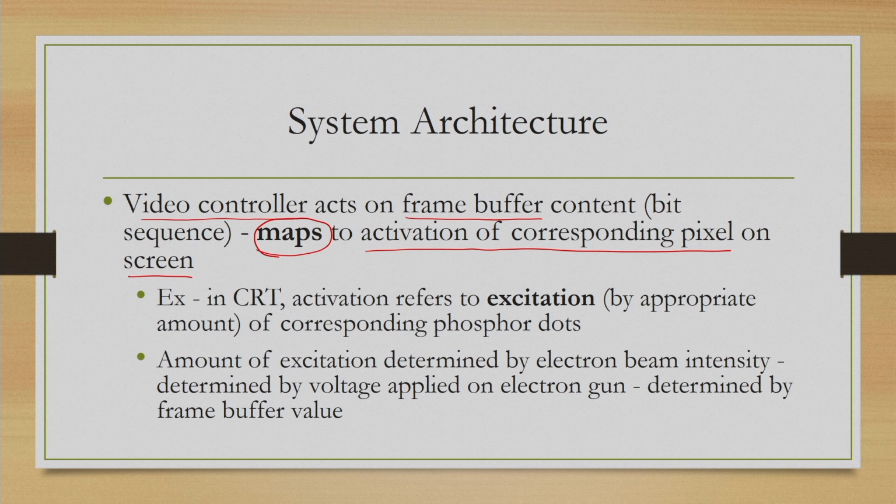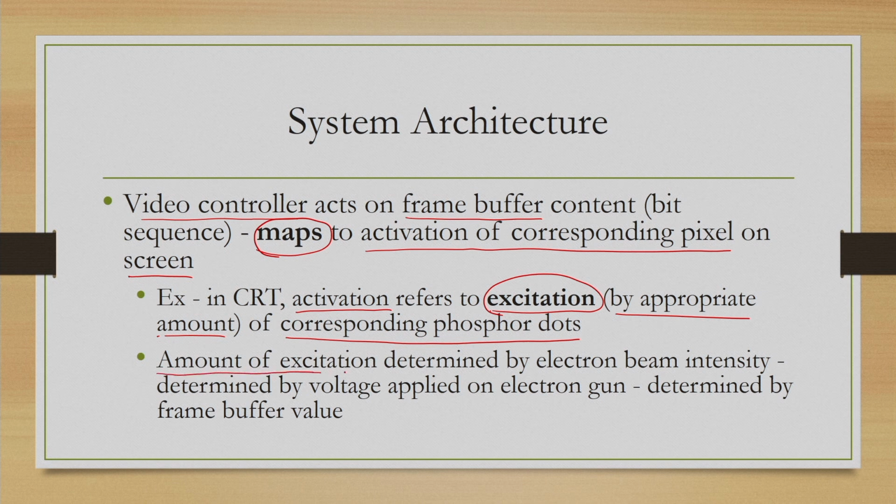For example, in case of CRT, activation refers to excitation as we have seen earlier by appropriate amount of corresponding phosphor dots that are there on the screen. Now, how to choose this appropriate amount?